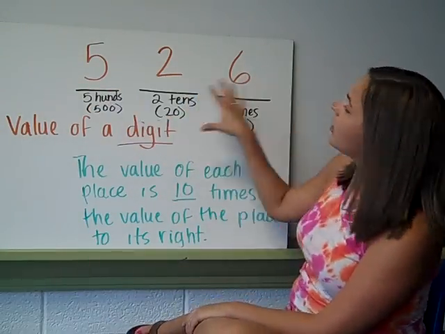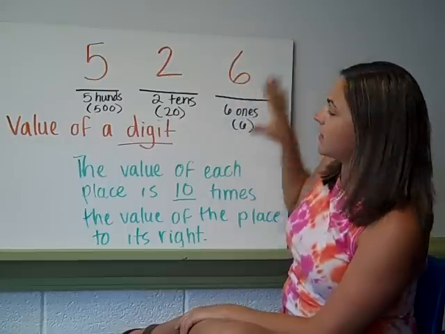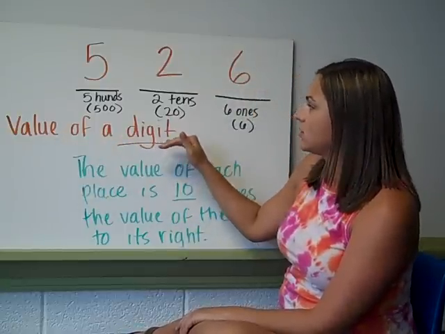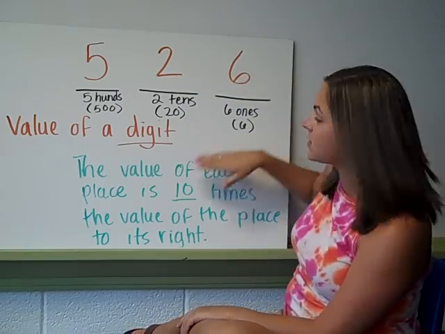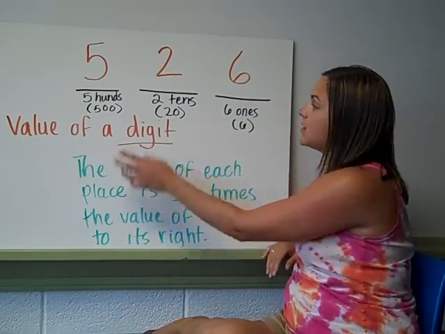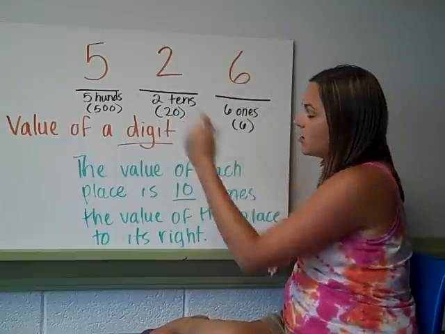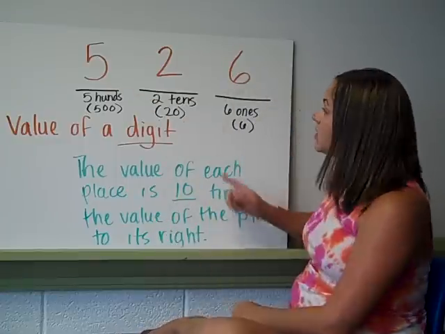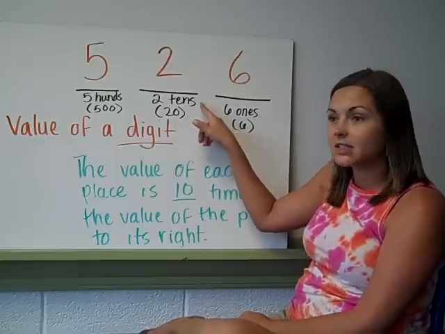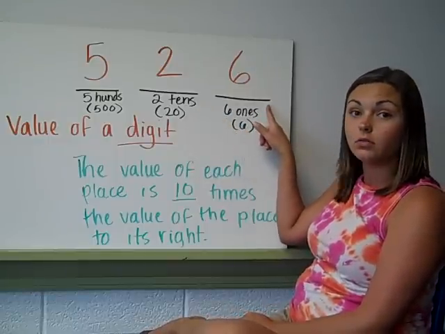So in looking at a number, we have this number 526. The value of a digit. The value of 5. What's the value of the 2? What's the value of the 6? The value of each place, ones, tens, hundreds, is 10 times the value of the place to its right. So the value of tens is 10 times 1.